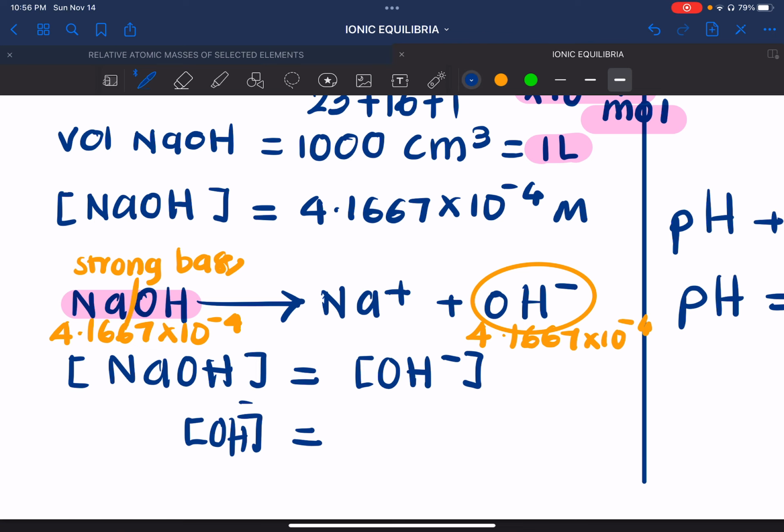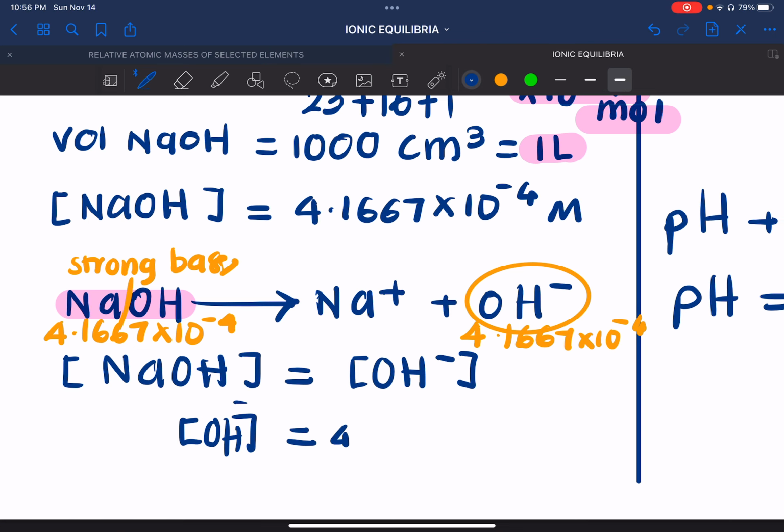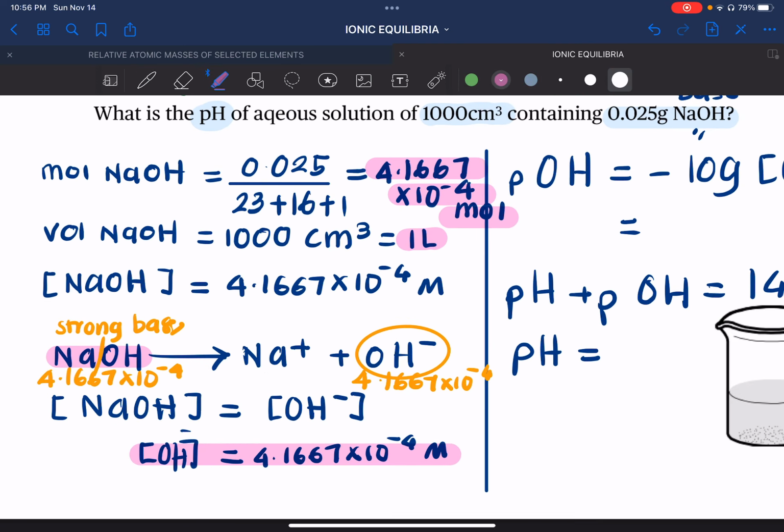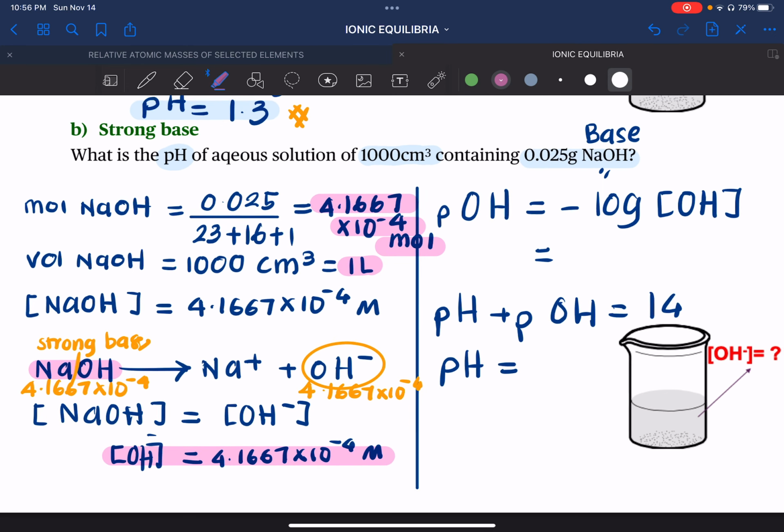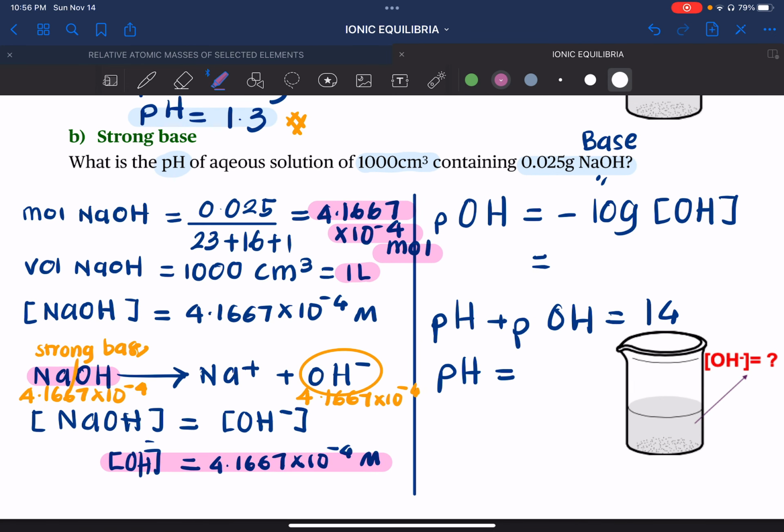So the concentration here is the same lah. Don't forget the unit. Okay, sampai situ. Once kita dah dapat OH, kita gunakan formula pOH, okay, negative log OH minus.